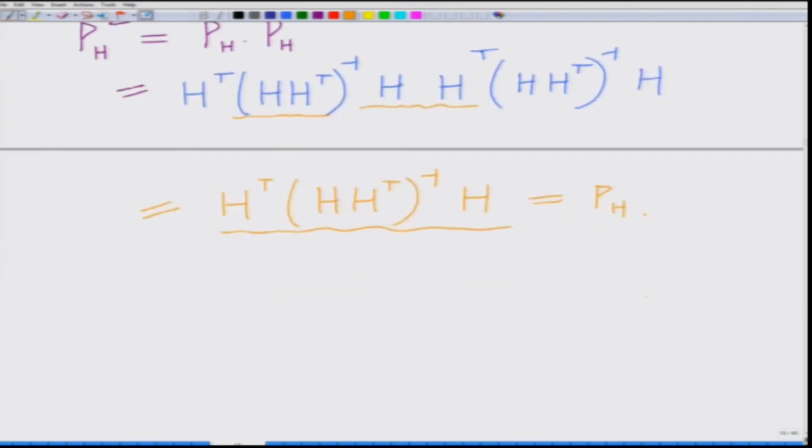So, we have P_H squared, that is P_H times P_H, is equal to P_H, and this is an interesting property of this matrix P_H. So, P_H has two interesting properties. One is that it is transpose symmetric, that is P_H transpose is equal to P_H, and the other is that P_H squared, or P_H times P_H, is equal to the same matrix P_H.